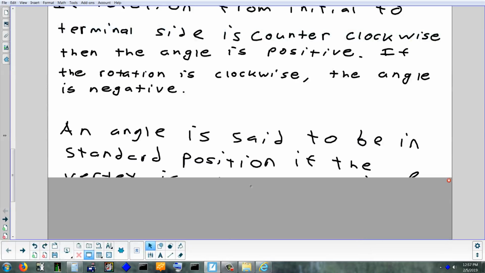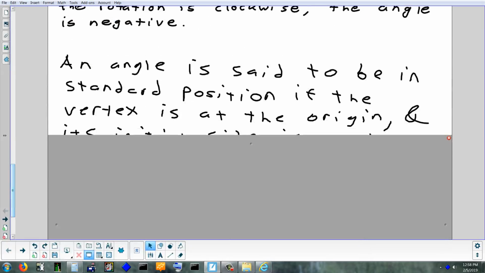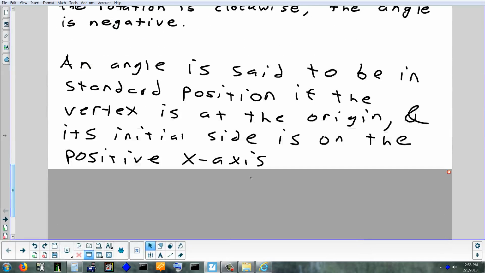When you draw an angle in standard position, two things have to happen. First thing is that the vertex of the angle is always at the origin. The second thing that has to happen is the initial side is always on the positive x-axis. That's exactly how every angle I just drew in that program looked.